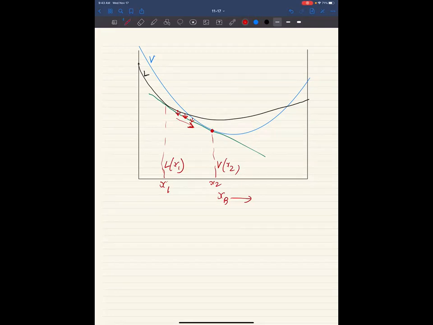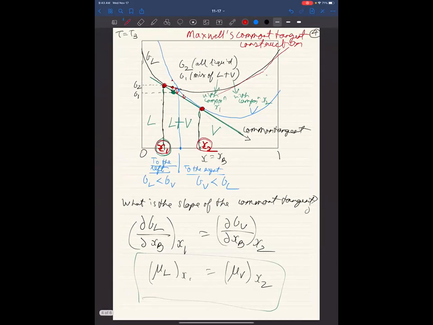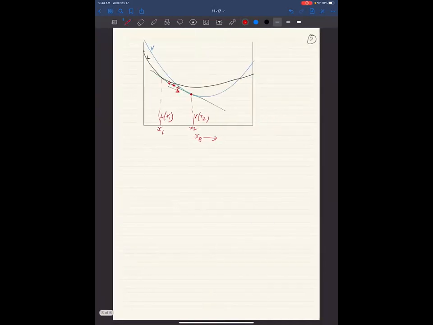But the super interesting thing is, due to Maxwell's construction, which really follows from the wonderful properties of the chemical potential, you are going to form liquid and vapor of a fixed composition. Irrespective of where you are, you will always have liquid and vapor of a constant composition.